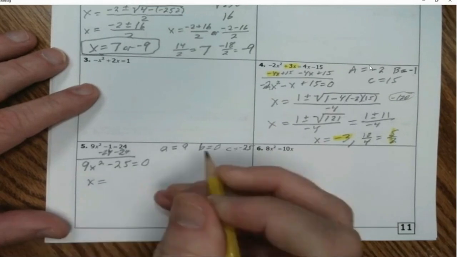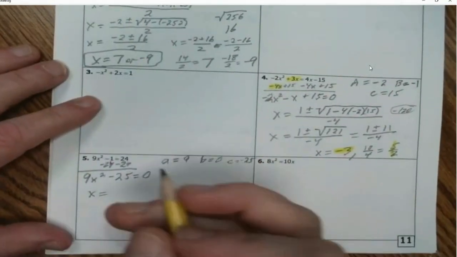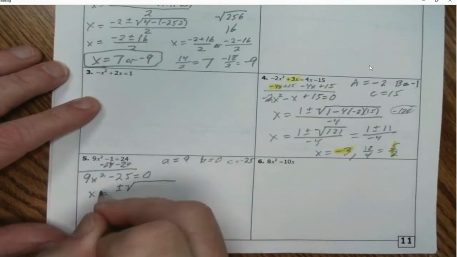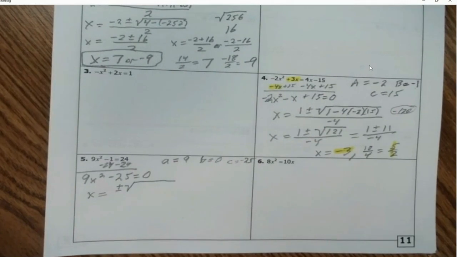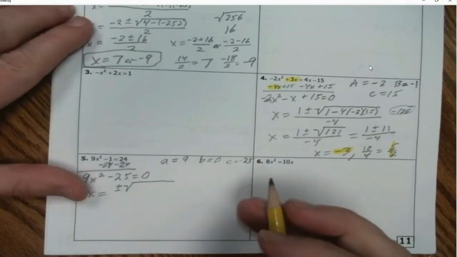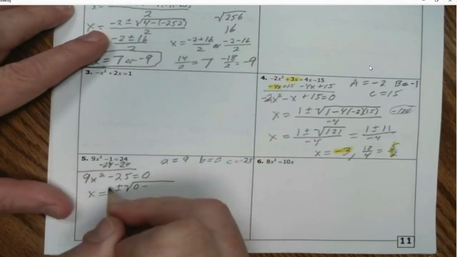X equals negative B. Negative B is 0, so it's just plus or minus. We don't have to put 0 plus or minus because add anything to 0, you'll just get whatever you added, or subtract anything. So B squared, it is important to put B squared in here. It's 0 minus, we can put the 0 in there for now.